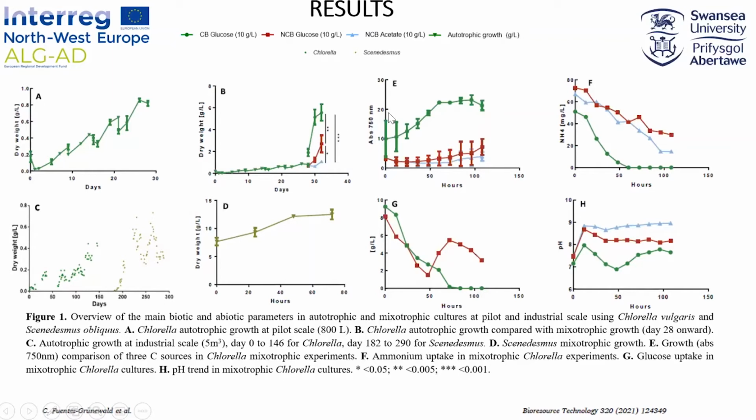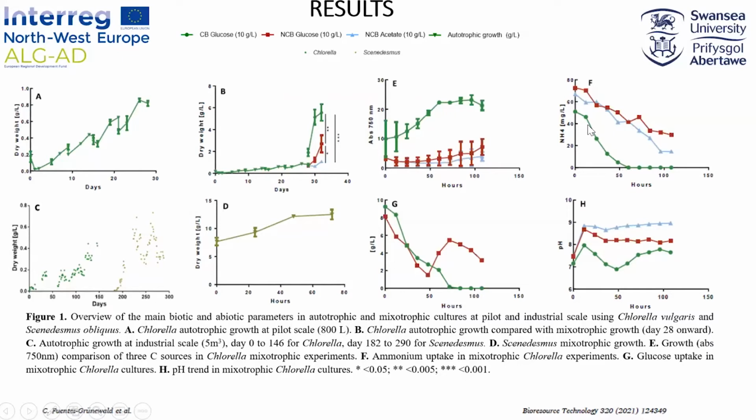Then you can see in here, this is a zoom out of this one, but in this case it's optical density. And basically in this graph, you can see that we have a really nice growth of Chlorella by using glucose. Here we have the ammonium uptake in all of them, as you can see, 52 hours in the concentrated glucose.